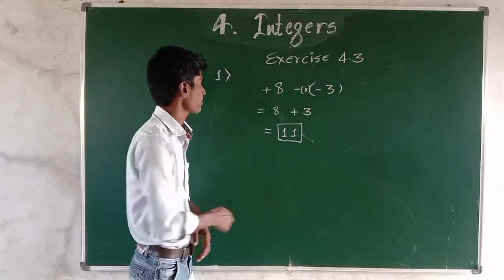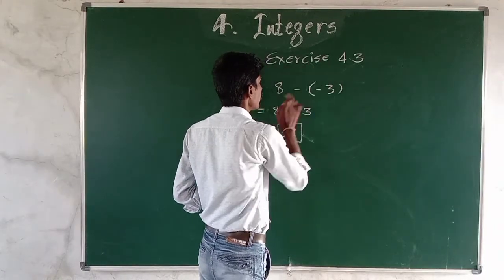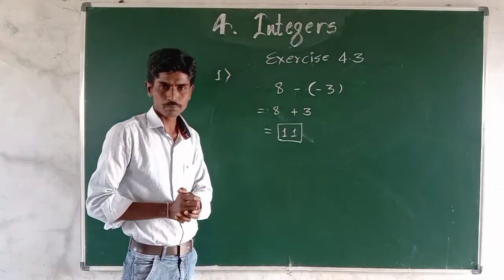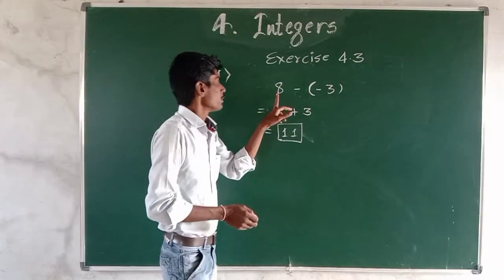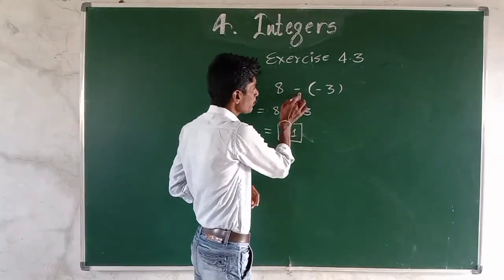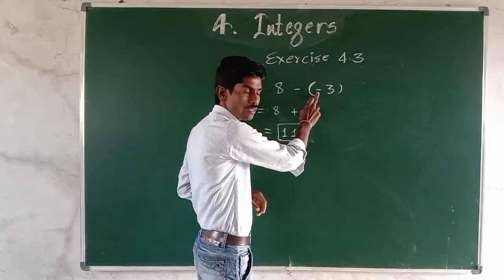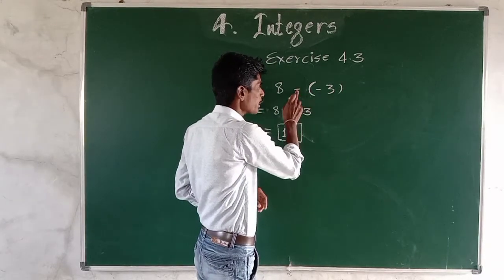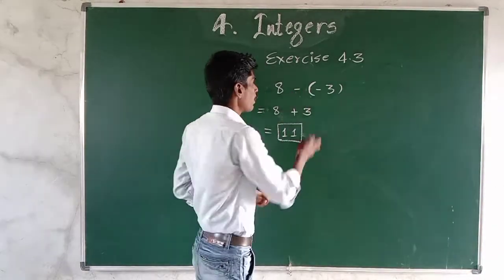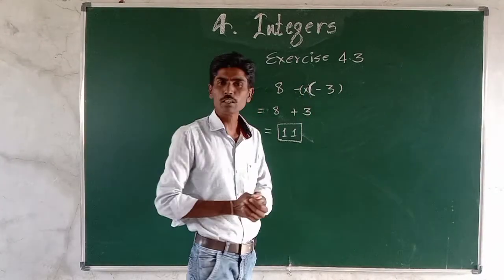Again I repeat it. Our problem was 8 minus, minus 3. There is a sign before 8, that is a plus. The sign of this 3 inside the bracket is minus, and outside the bracket there is also a minus. Between this outer minus and inner minus there is a hidden sign, that is multiplication.